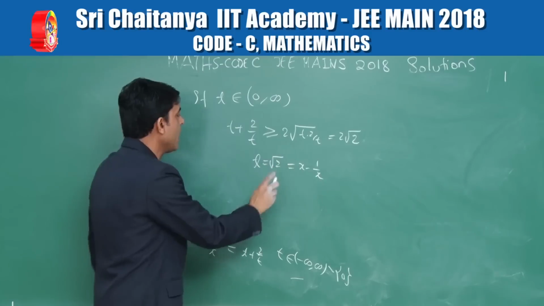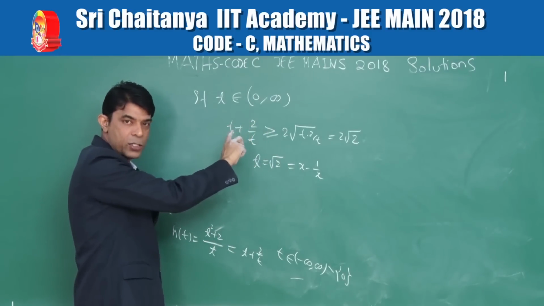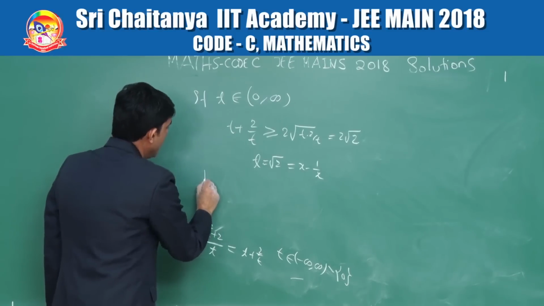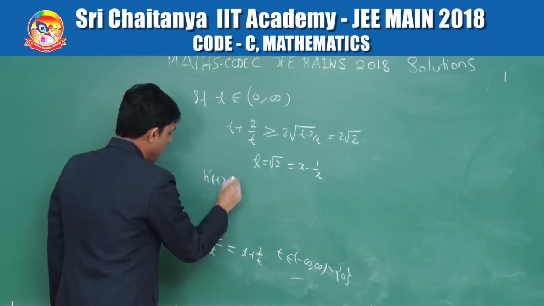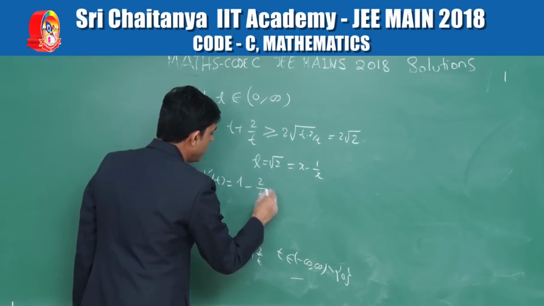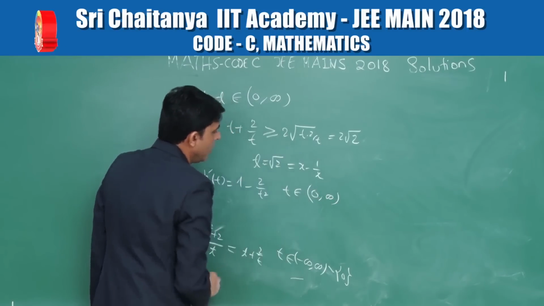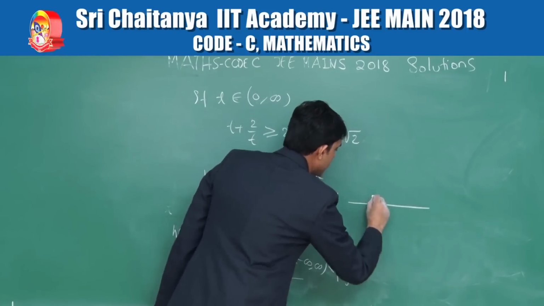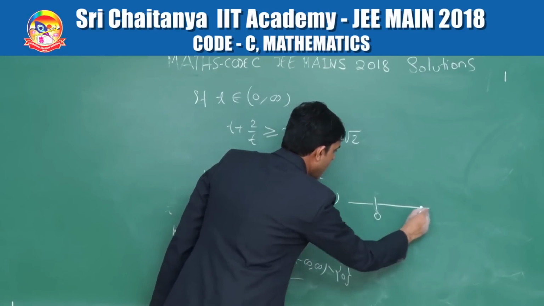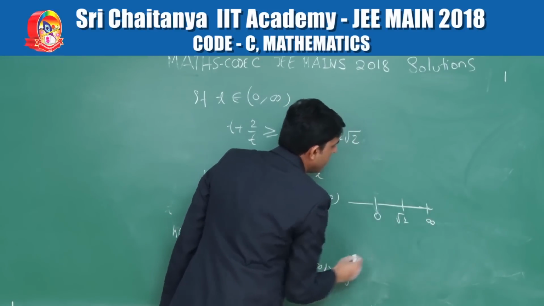After that, we can claim that this is a candidate for local minima, but let's check what our calculus says. We have h of t, so h prime t is 1 minus 2 over t square for t an element of 0 to infinity. If I draw the sign scheme, it's 0, then root 2, and then infinity.